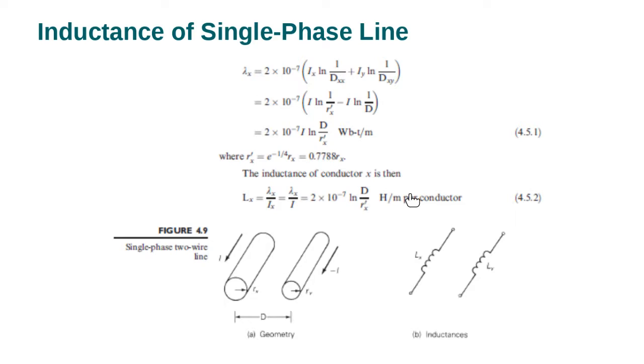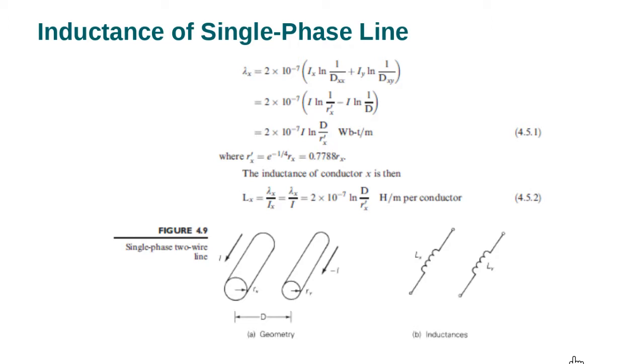If you want to find Ly and the radius is the same, then Ly will be exactly the same. But if the radius of Y is different, then you need to change this one here, Ry prime. The distance, of course, is the same. And also this will be Ly.